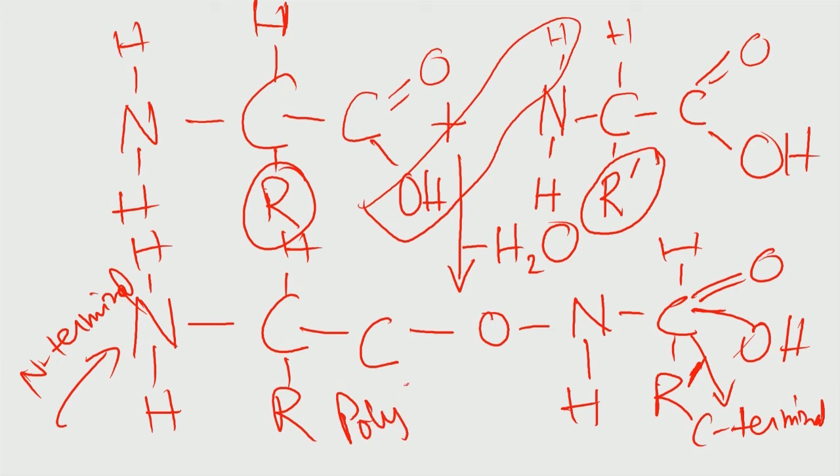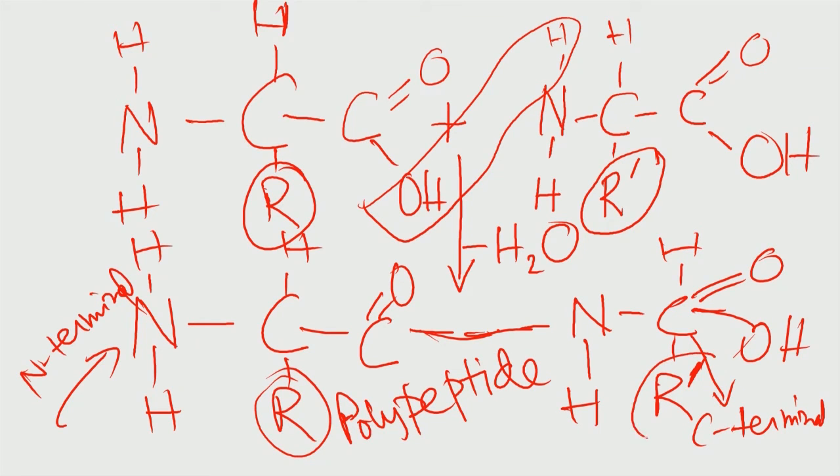So, essentially, a protein is nothing but a polypeptide chain. Depending on whether you have R prime, R double prime or different organic radicals attached, a protein molecule has a different amino acid sequence, and therefore two protein molecules will certainly be different.